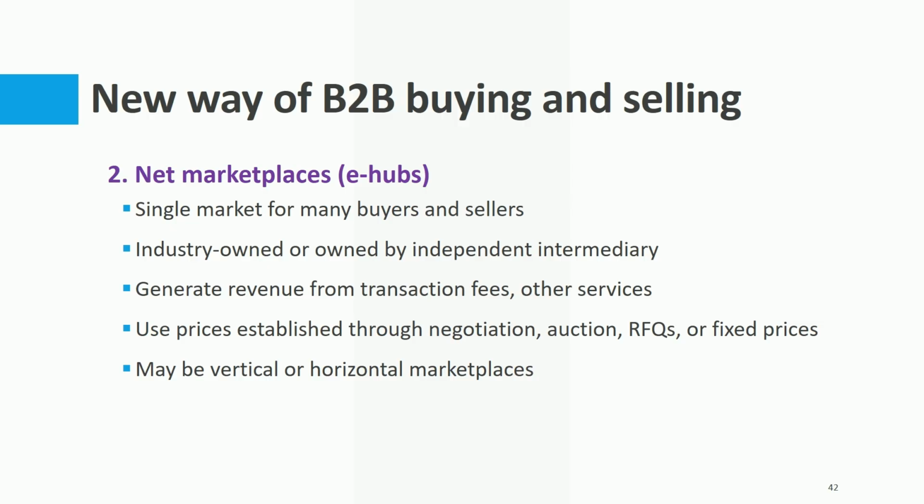So we have net marketplaces, or we call them e-hubs. They're digital platforms facilitating trade between multiple buyers and sellers online. They offer various pricing methods and cater to both direct and indirect goods, serving specific industries or broader markets.